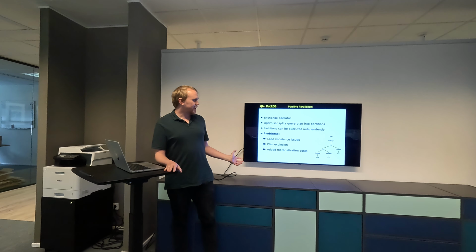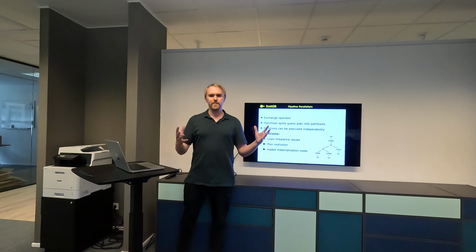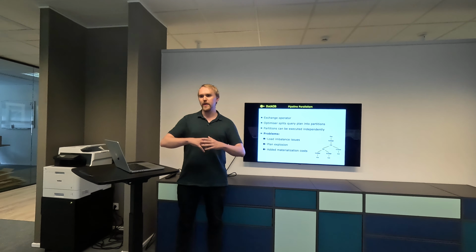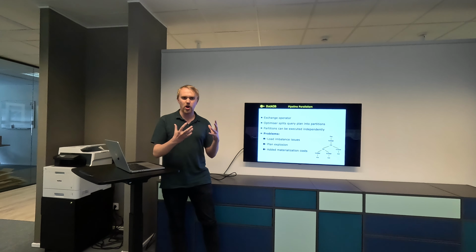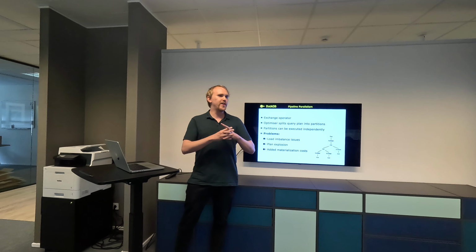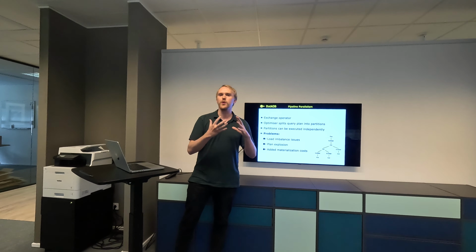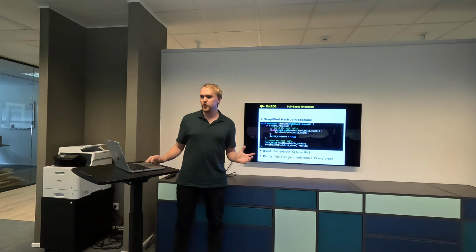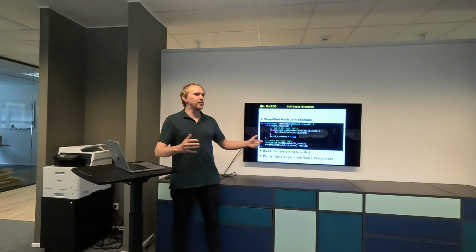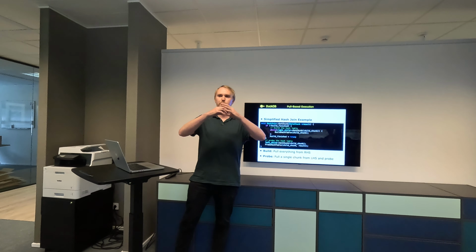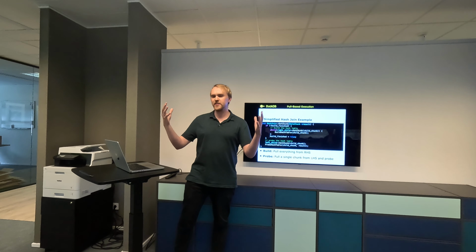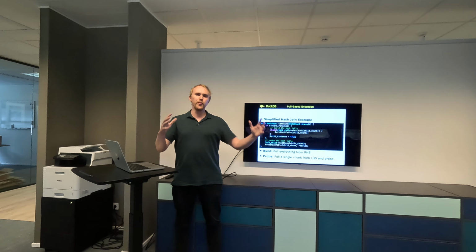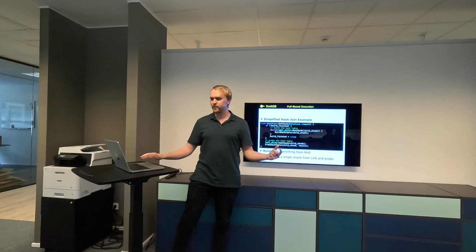The way this works is that you take a query plan and you partition it. You basically start inserting these exchange operators inside the query plan. And what they essentially are is repartitioning steps. So if you think of this hash join, instead of building a single hash table, you would do a partitioning over a radix key or something and create multiple different hash tables that are completely independent from each other.